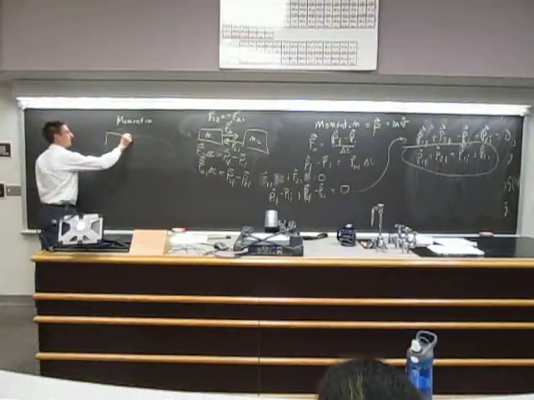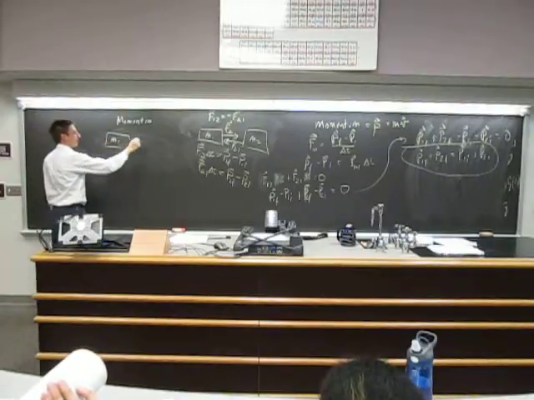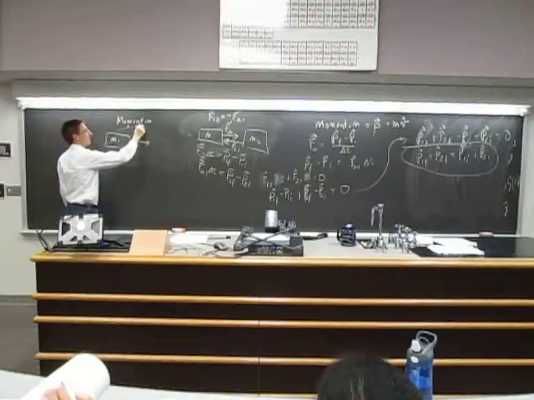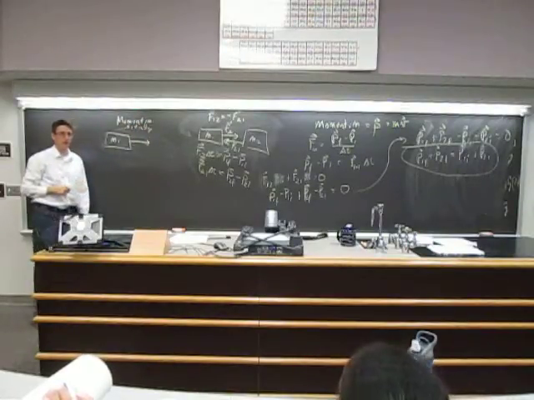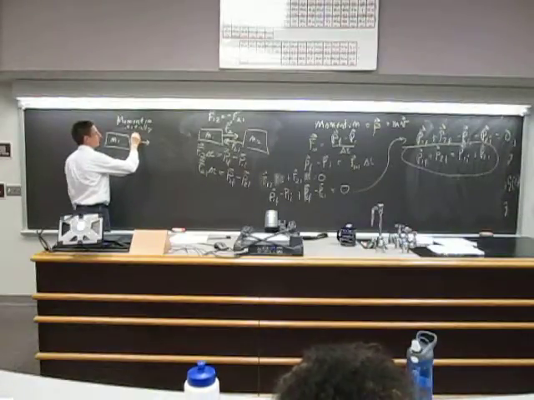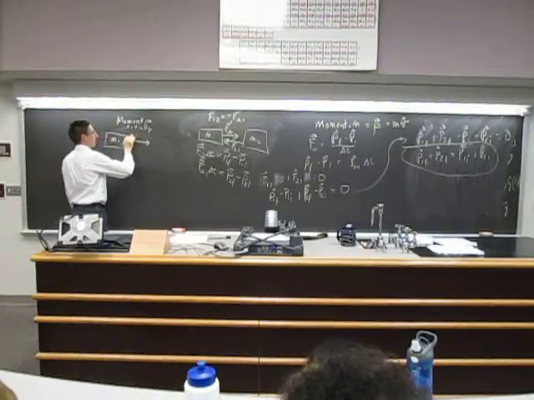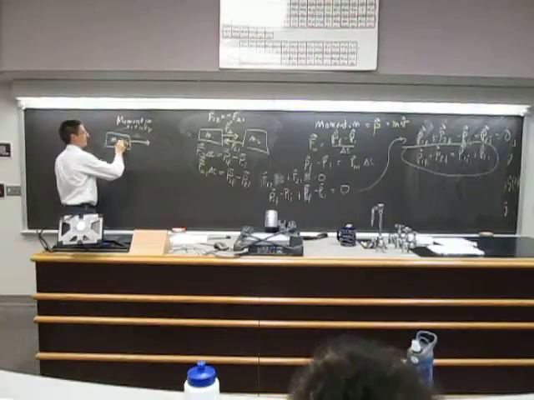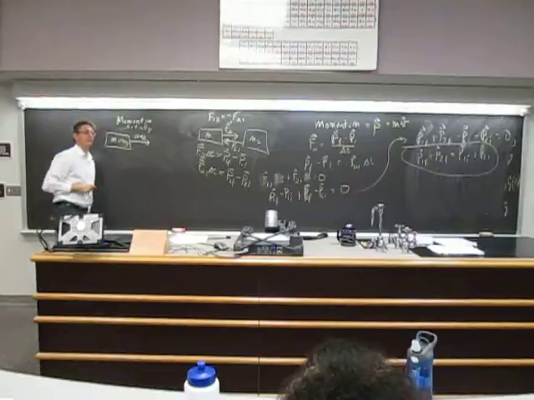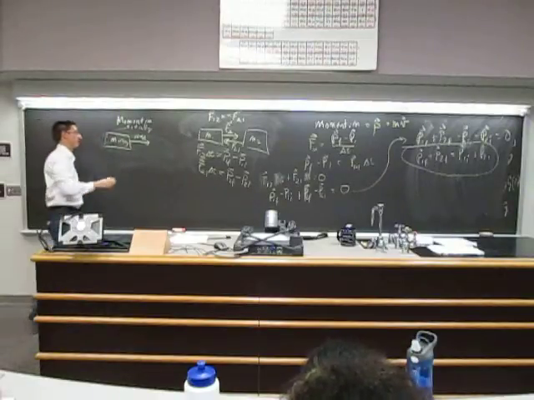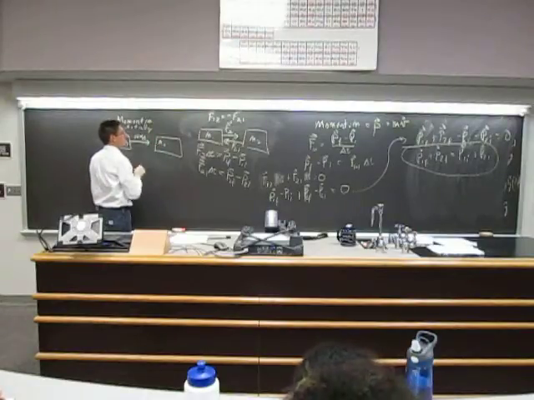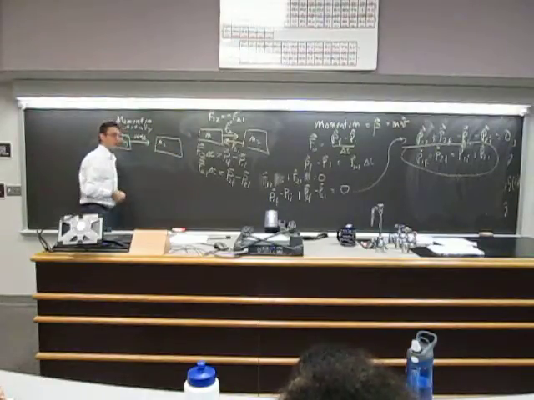So let's say I have a mass 1. I'm going to write "initially," which means before any collision. Mass 1 is 10 kilograms and it's moving with a speed of 10 meters per second in that direction. Let's say it hits a mass 2 that is initially at rest.